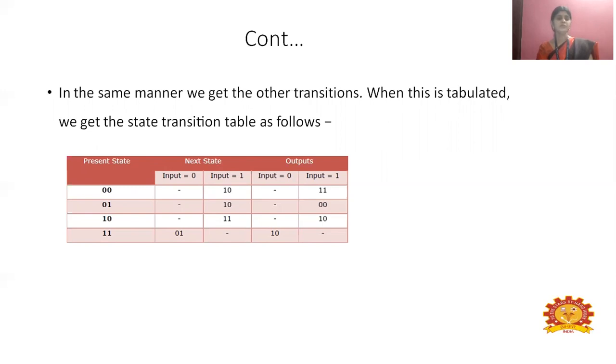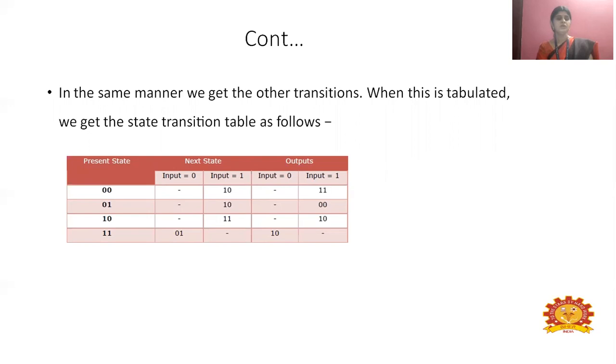Now if the present state is 0, 1, and the input of the encoder is 1, then it will change to the next state 1, 0, and the corresponding output will be 0, 0.